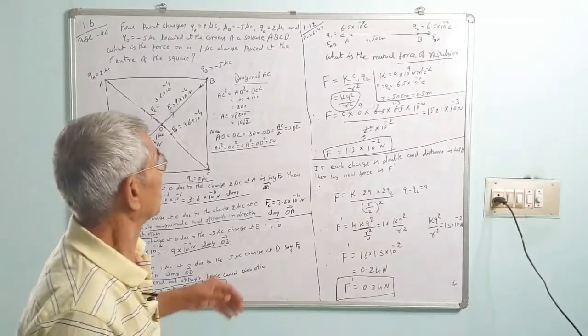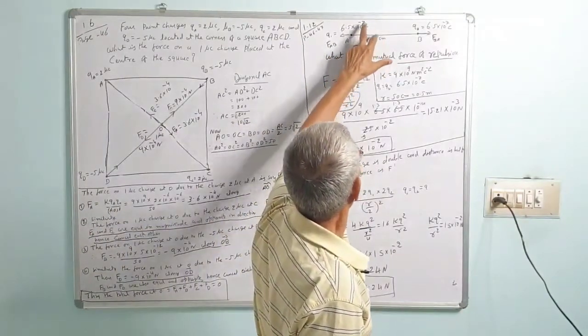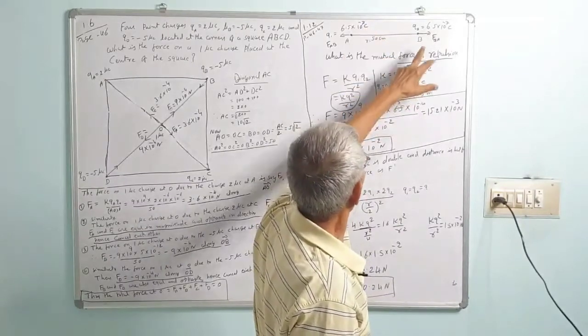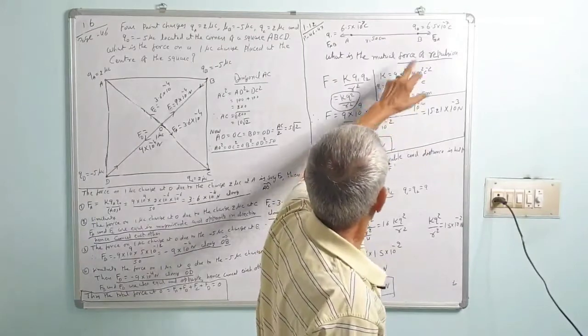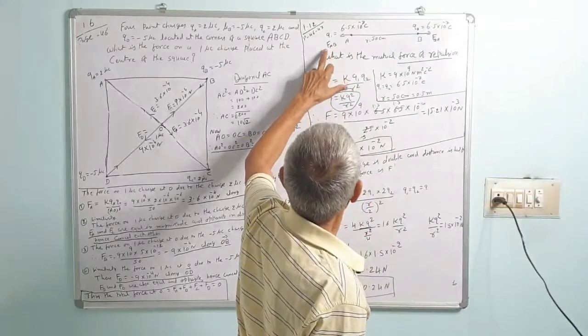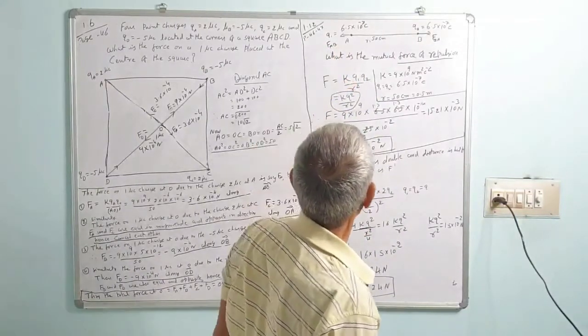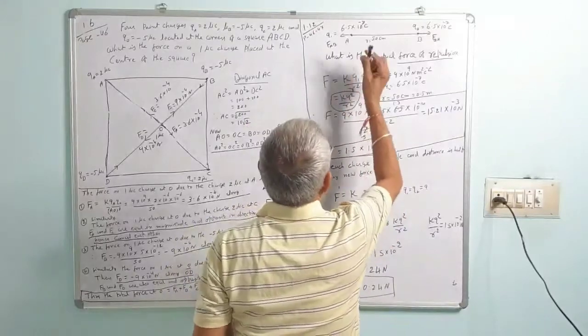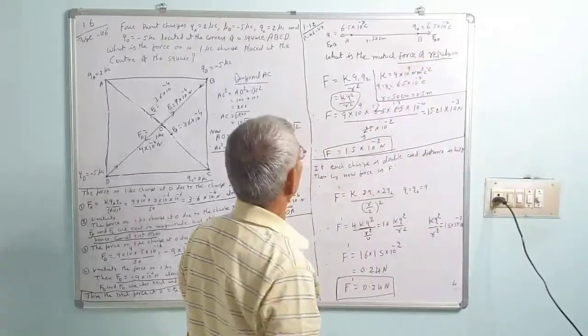The magnitude of the two charges is the same, 6.5 into 10 raised to minus 7 coulomb. Say this is QA and this is QB. The force on B is FBA, and the force on A is FAB. The force is repulsive, along the line joining the centers of the two charges.